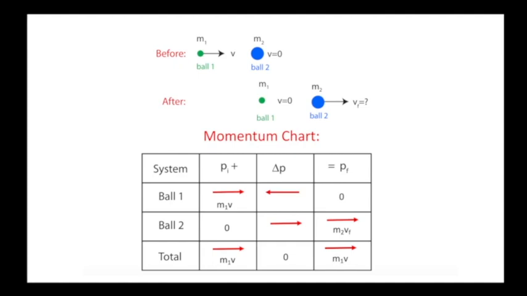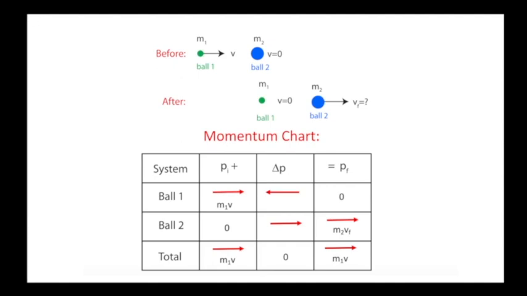So we could instead say delta p1 plus delta p2 has to equal delta p total. And if delta p1 is this and my total is 0, then delta p2 must just be equal and opposite of delta p1.